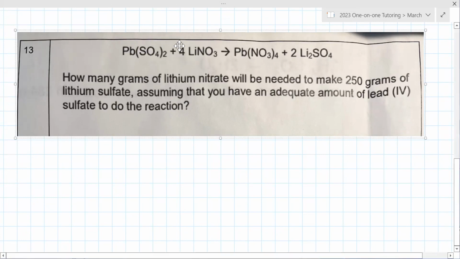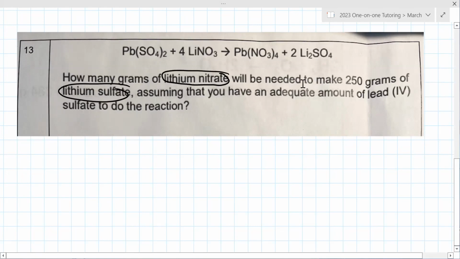We're good there. How many grams of lithium nitrate, where is lithium nitrate in this? Which one is it? LiNO3. Good. Will be needed to make 250 grams of lithium sulfate. So that's this one on the right here. Assuming that you have an adequate amount of lead sulfate to do the reaction.